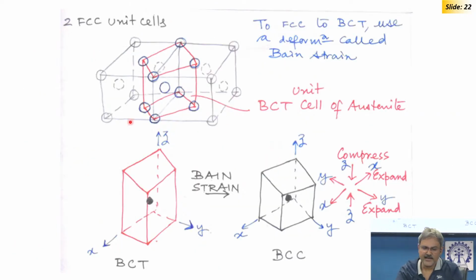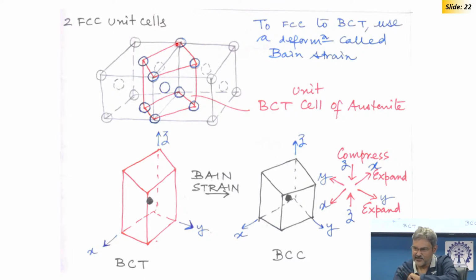Now we are showing the Bain strain diagram, that in FCC you can draw a BCT kind of structure by joining these points. This is the kind of shear that is involved as per Bain's model. If you want to transform FCC to BCT or BCC, here we are showing BCT.